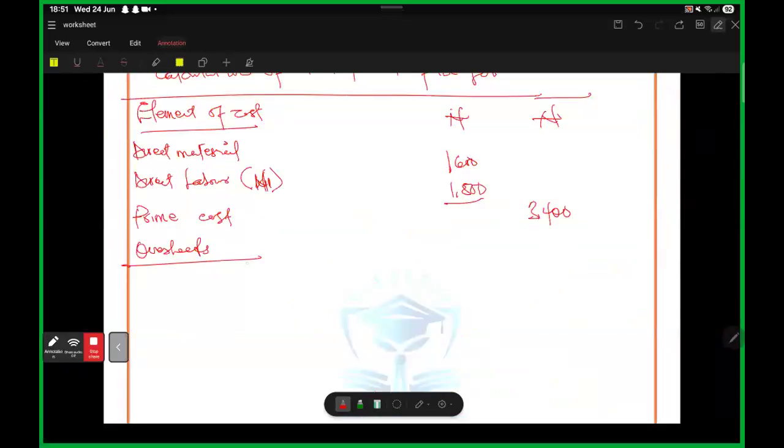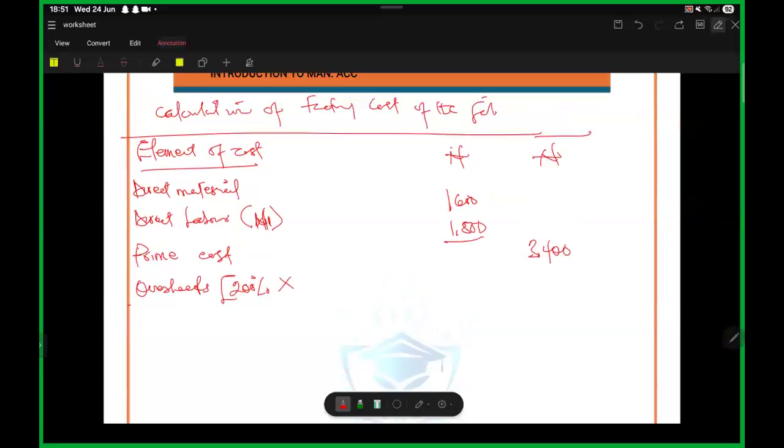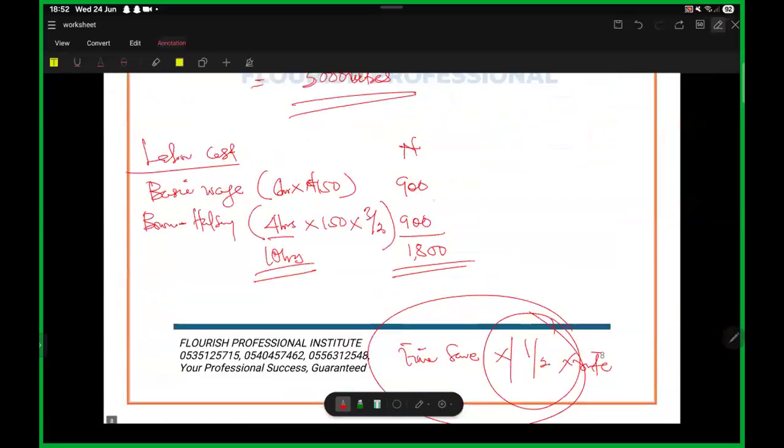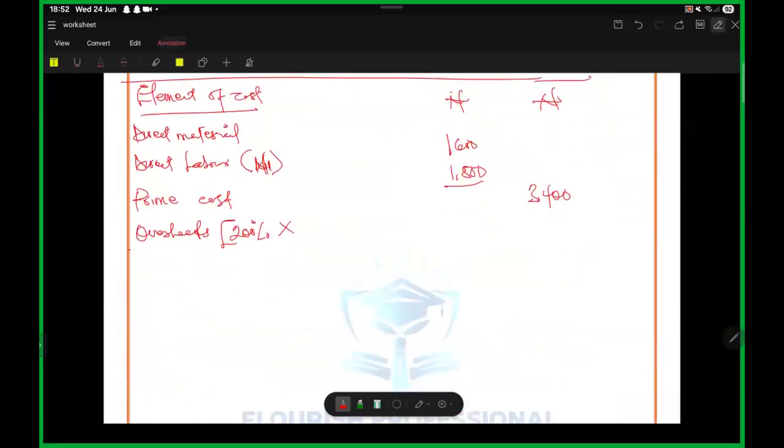So the overhead here is 200%, which is actually 2, times the wage over there, 900.